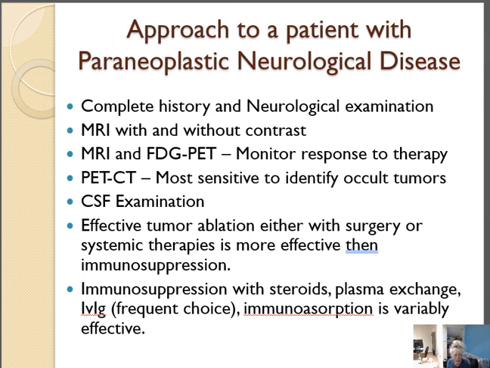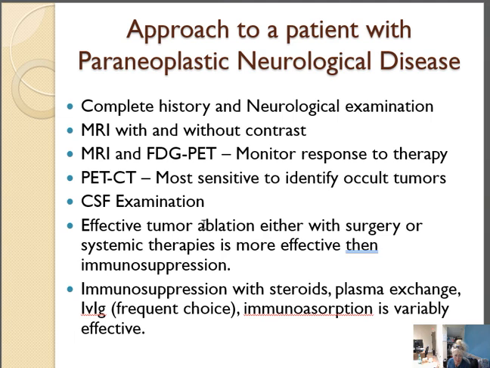So how do we approach this? Take a complete history and physical and neurological examination, do an MRI with and without contrast, monitor with therapy, identify where the tumor is. If you need to take cerebrospinal fluid, there has to be an inciting event to cause that.